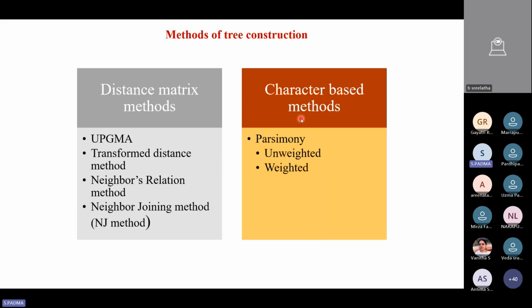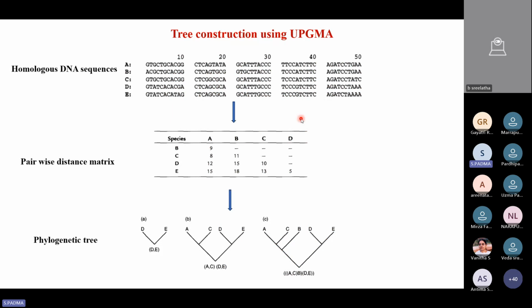How important the particular character under study is will divide it into unweighted parsimony or weighted parsimony. Okay. Now let me see the tree construction using UPGMA.